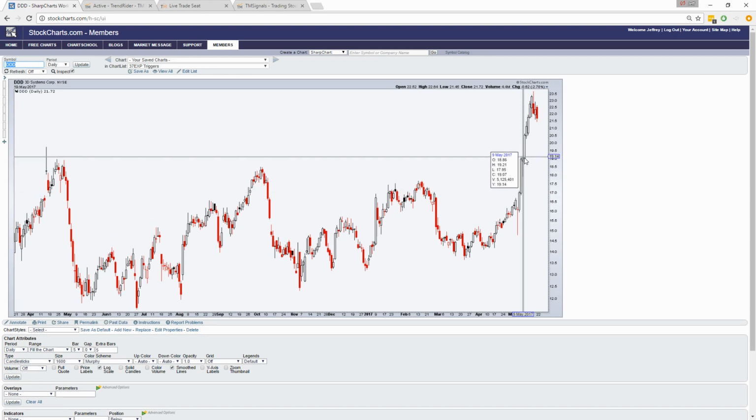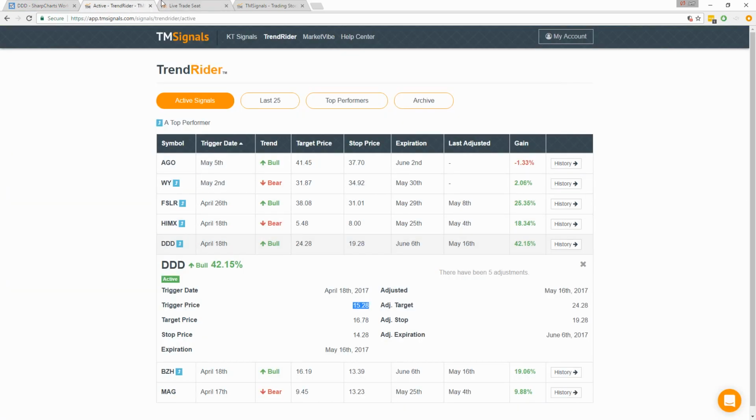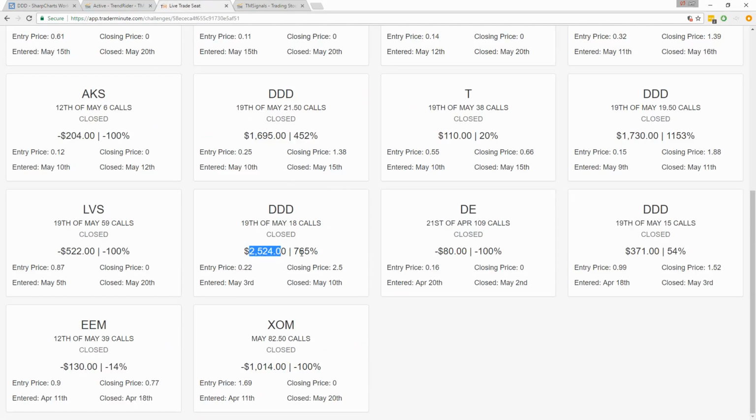The next day, the stock opened, and it fell almost $1. Okay, great. What did I do? I took some of those gains that I had on Triple D, and I actually bought some more. I bought some 19.5 calls for 15 cents.